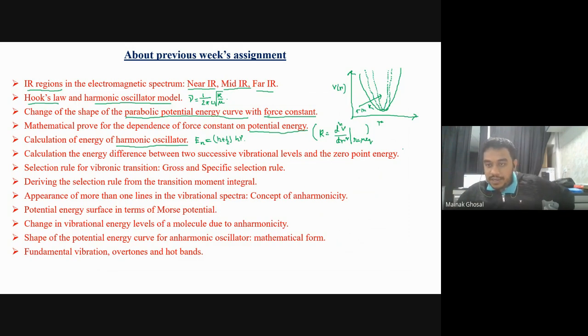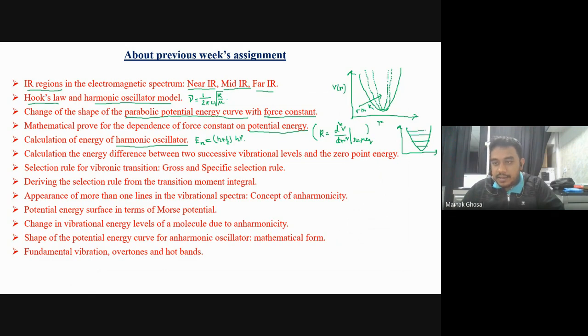Let me erase this. Suppose this is my harmonic oscillator potential well, and these are the energy levels.